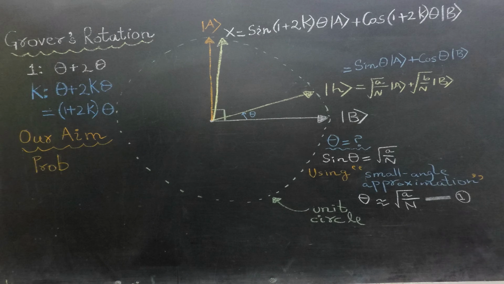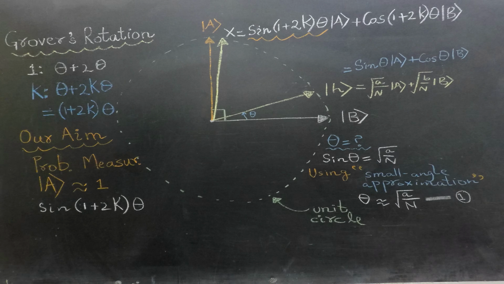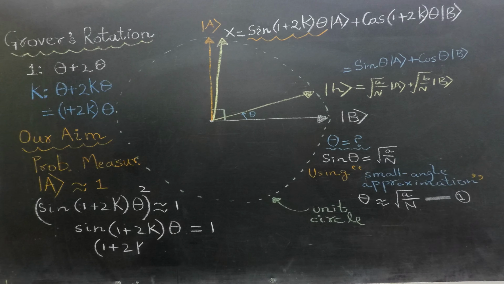Our aim is to measure ket A with probability one. We know that the probability is the square of the amplitude. Therefore, we take the amplitude of ket A and equate it to 1. Solving this equation will give us the value of K. To solve it, we first take the square root of both sides and then move the sine term to the other side.